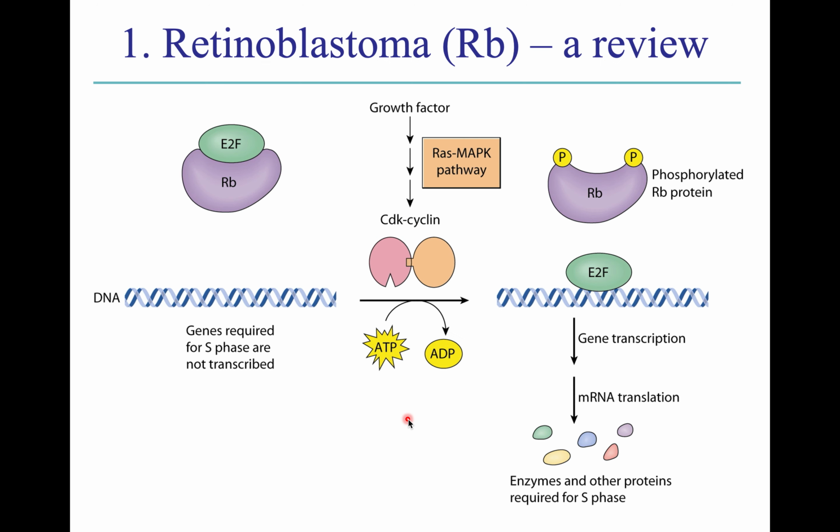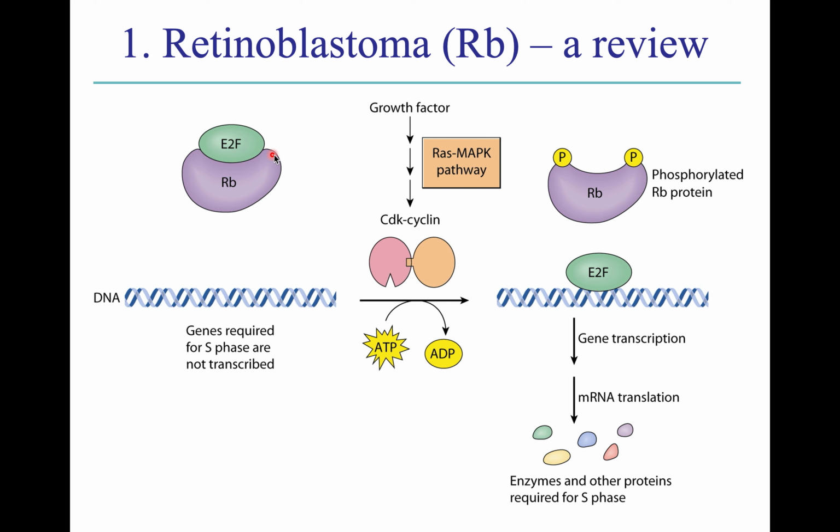So we'll start with retinoblastoma, which we've seen quite a few times throughout the semester. You remember retinoblastoma functions at that first DNA checkpoint before you go into S phase of the cell cycle. Retinoblastoma functions by binding to this transcription factor called E2F.